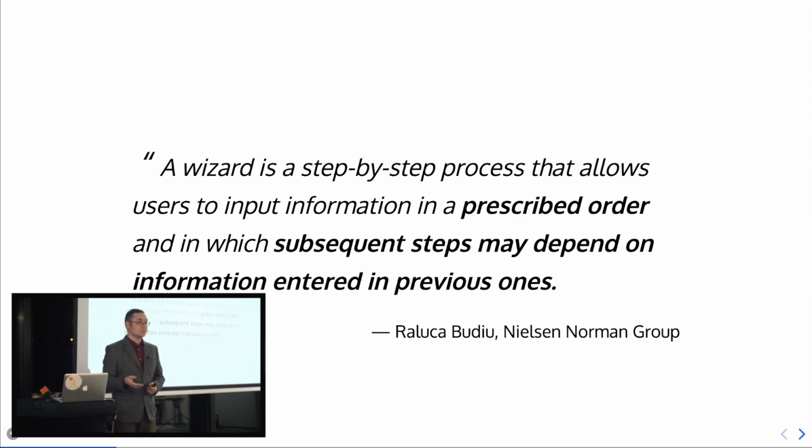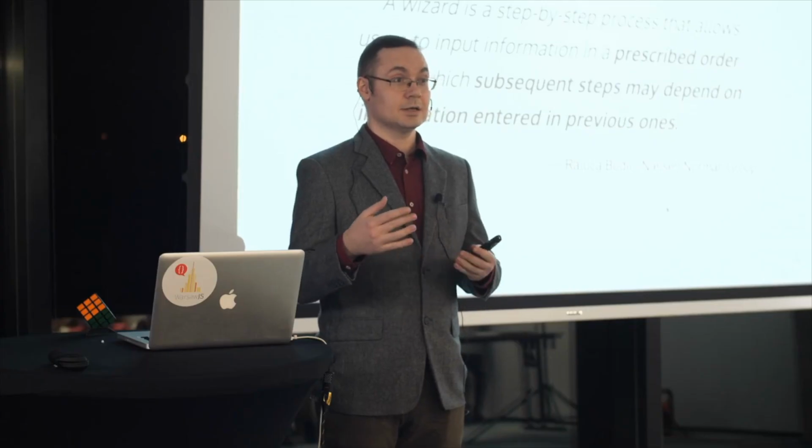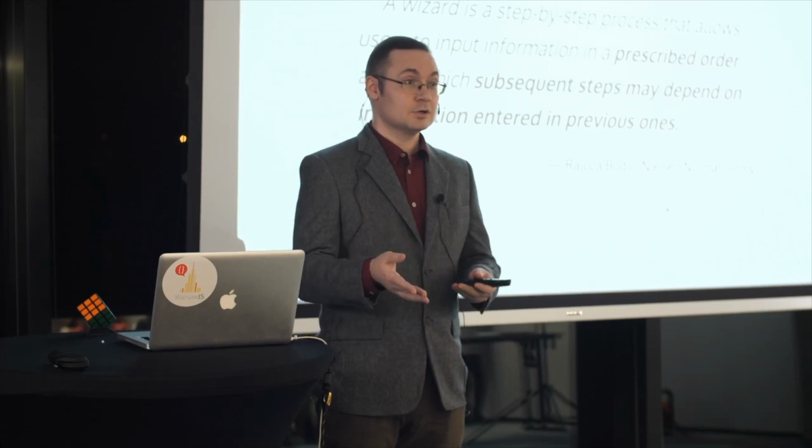So a wizard works well to guide the customer through those steps. Step by step, it's a controlled thing. They choose what they want to buy, and they come to the end of their journey.